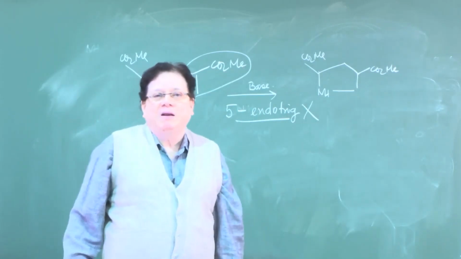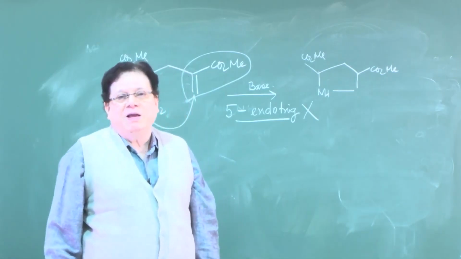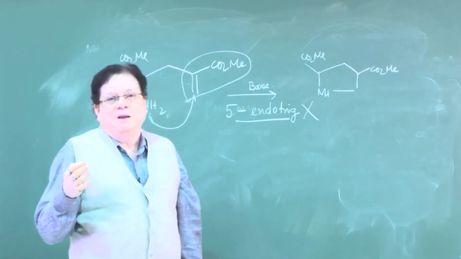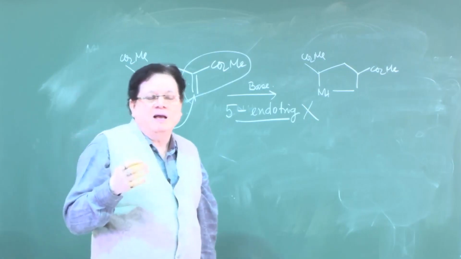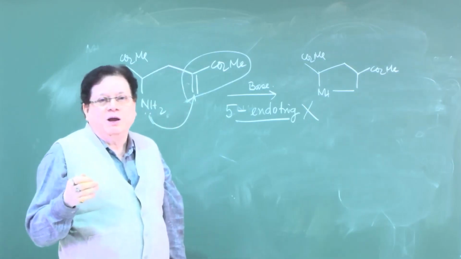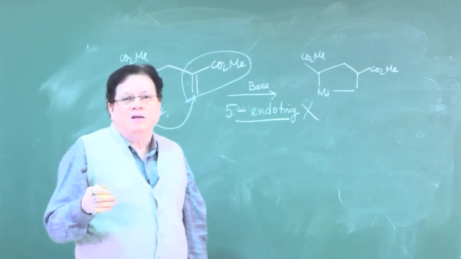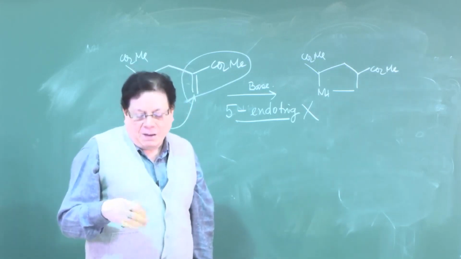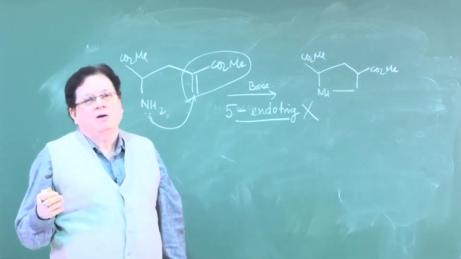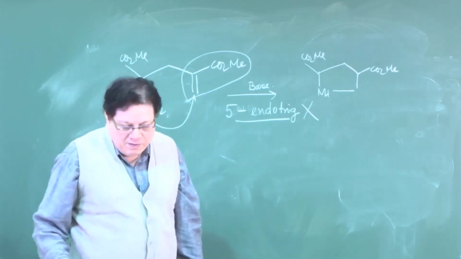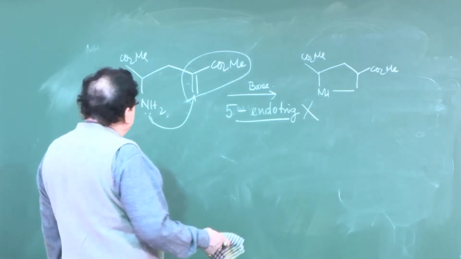Although we know Michael reaction can be very facile, that is only as long as the stereoelectronic requirement is satisfied. If the stereoelectronic requirement cannot be fulfilled, then an apparently facile reaction may not happen. That is given by this example. So, what is the product here?